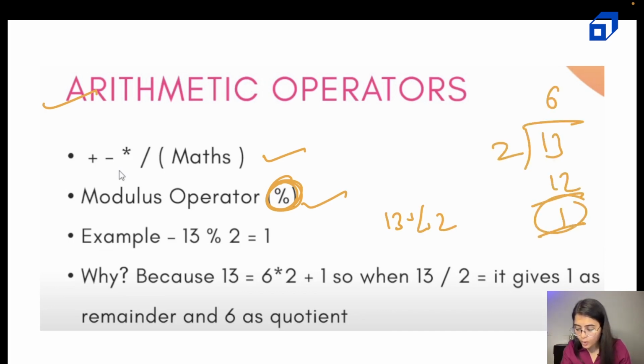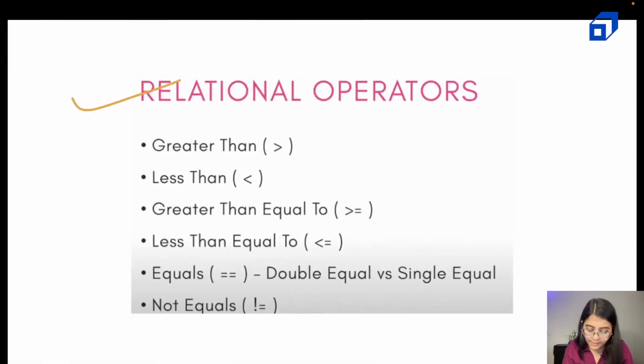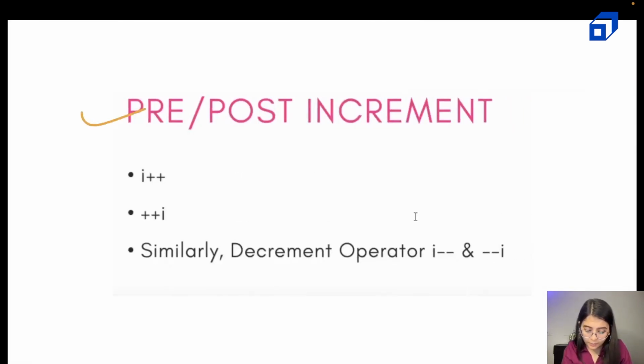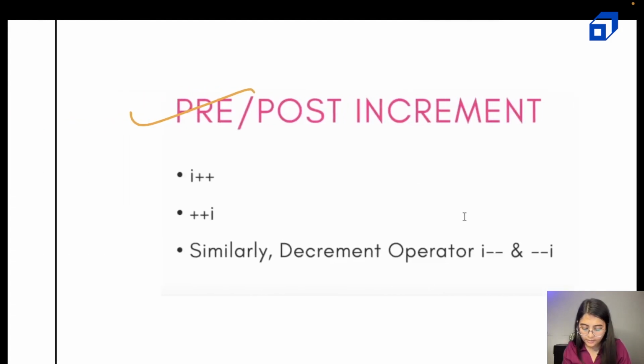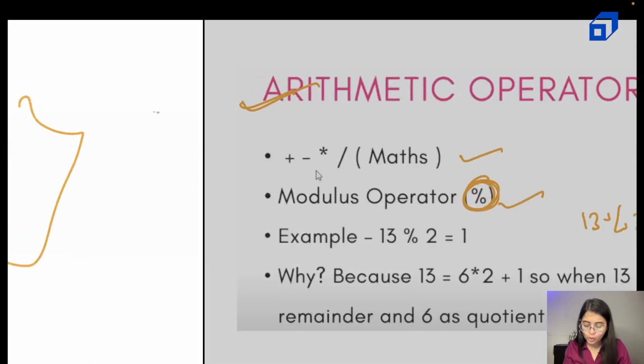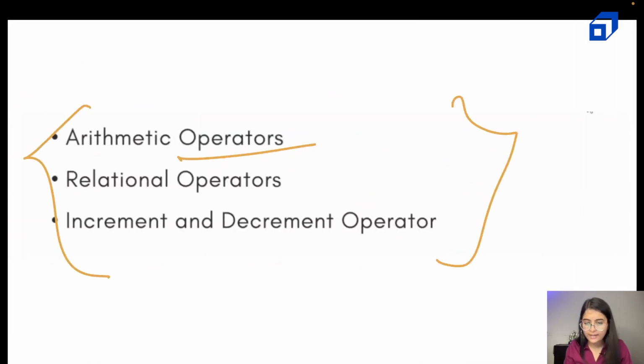So 1 is the modulus here, the remainder. Arithmetic operators are very simple; I'll show you by writing the code. Then there are relational operators, greater than, less than, etc. And there are pre and post increment operators as well. Let me show you the concept of operators by writing code.